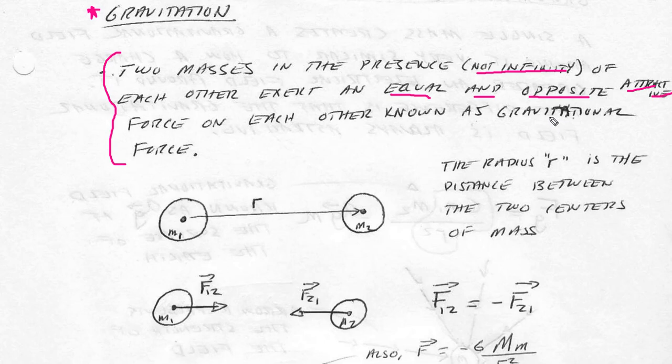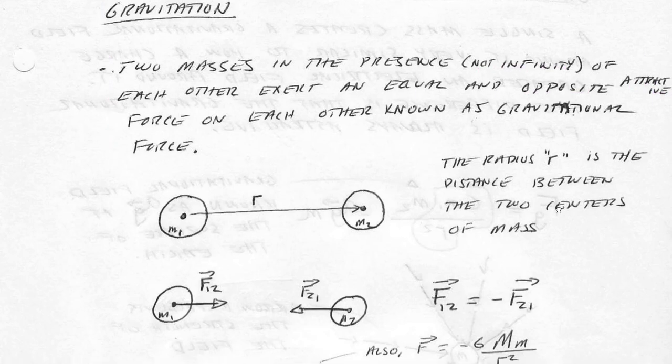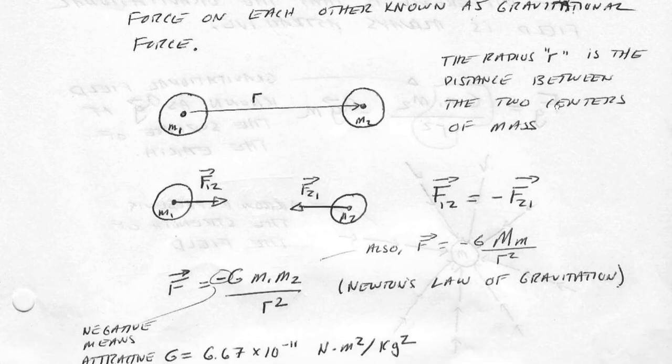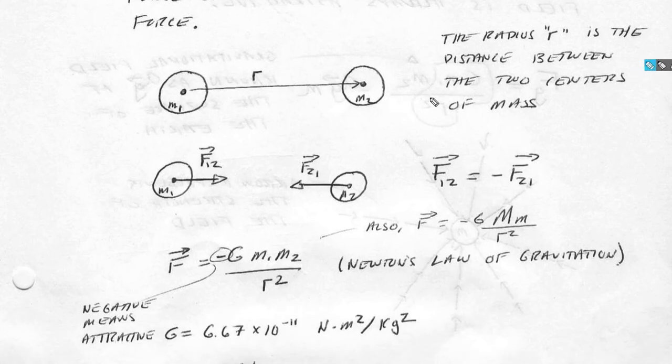So this is what Newton discovered, and he discovered that this force varies as an inverse of the square of the distance between them. So when I have my two masses here, I draw a circle just to show that there's a mass, but we're really referring to the center of mass, which I'll draw as a dot, and this is mass 1.